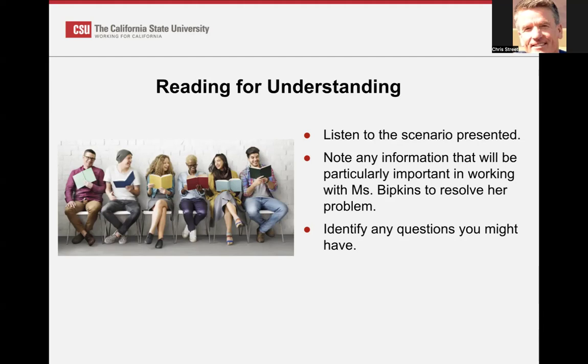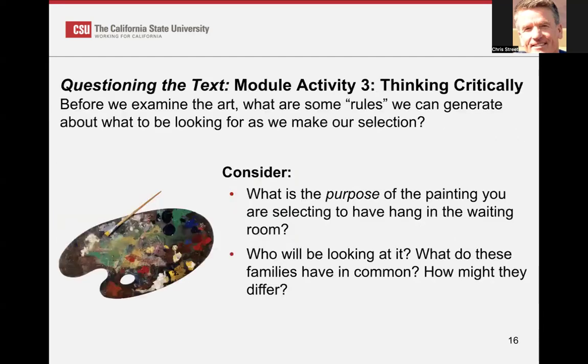She has four paintings that she wants us to consider. She's going to provide us with four options, and she wants us to help her identify the one painting that's best suited for this particular situation. So that's our rhetorical situation.